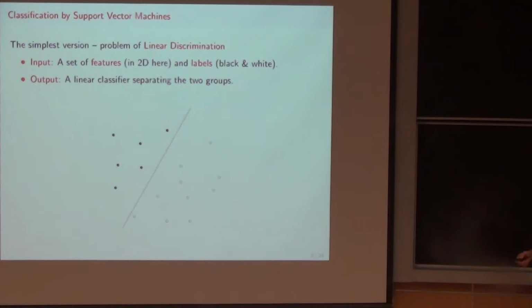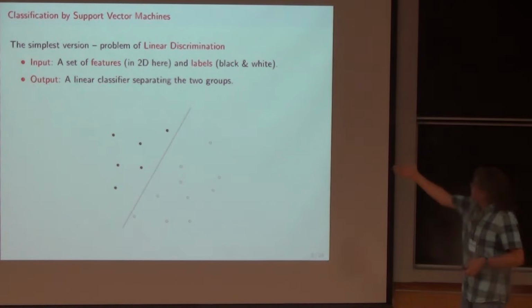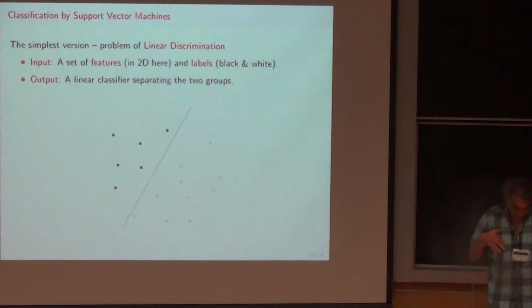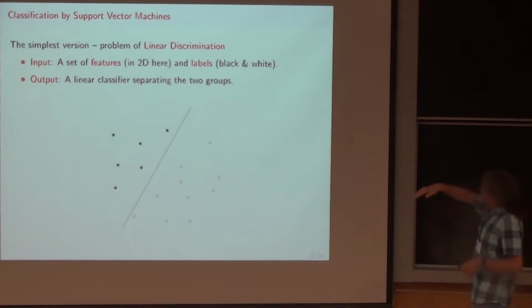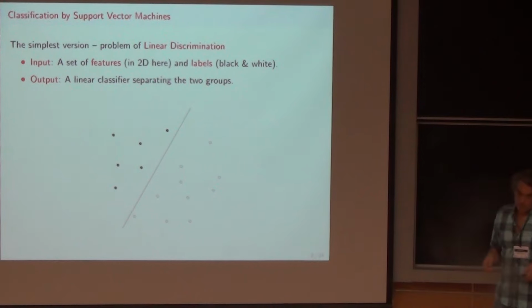In this picture, of course, the two sets of points can be nicely separated, but in this situation they cannot be separated by a hyperplane. What you want to find is the hyperplane which minimizes what is called the empirical risk of classification, that means the number of wrongly classified points.